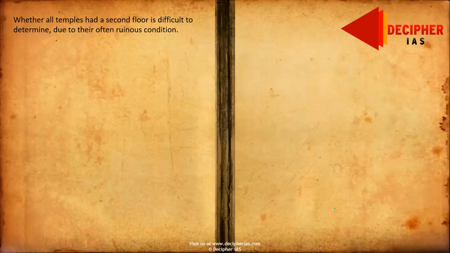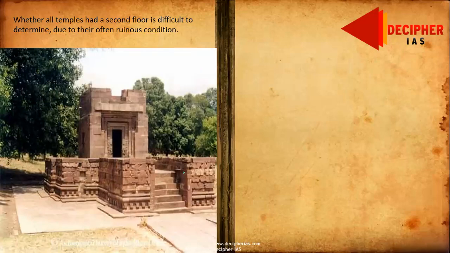But the late 5th century Parvati temple at Nachna, which lies in Kutra, is notable for its surviving second story shrine room. You can see here, this is the first story after the stairs, and here atop is the second story.